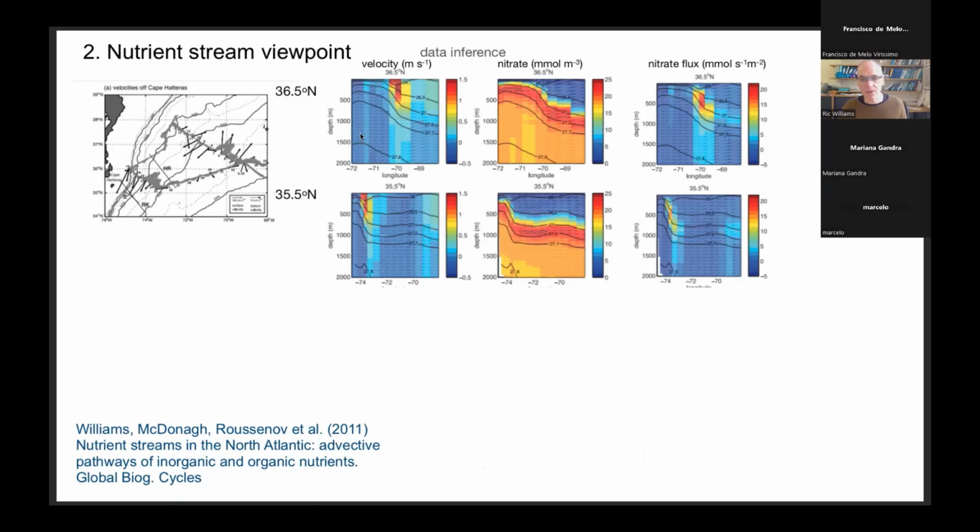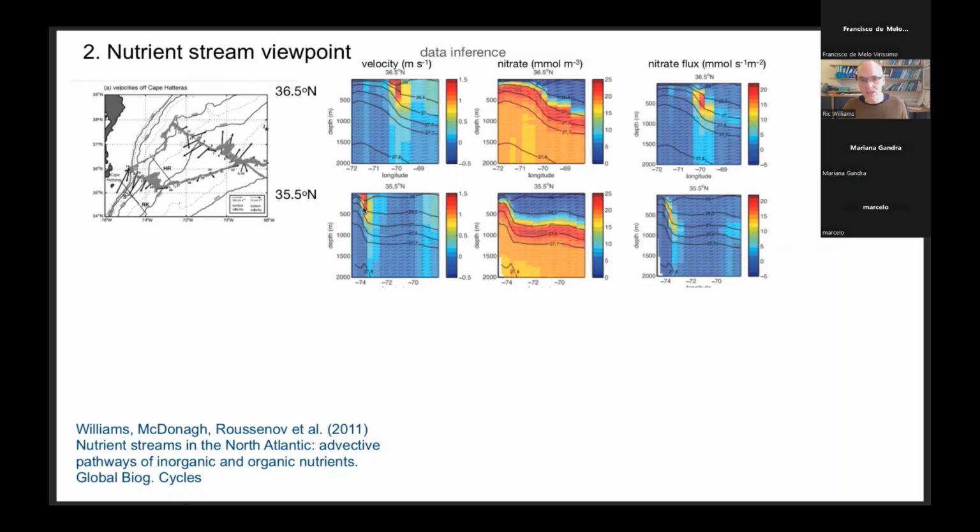And with this field data, you could see in red here the high velocities associated with each of these sections. Then here is the nitrate distribution, high concentrations at depth, low, almost eroded nutrients in the surface waters.